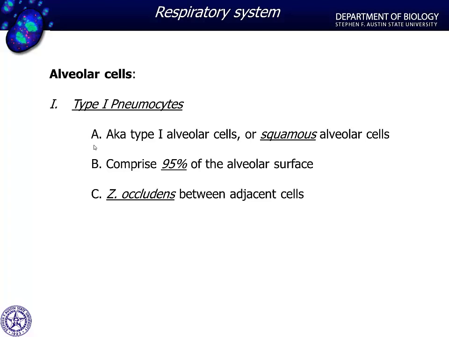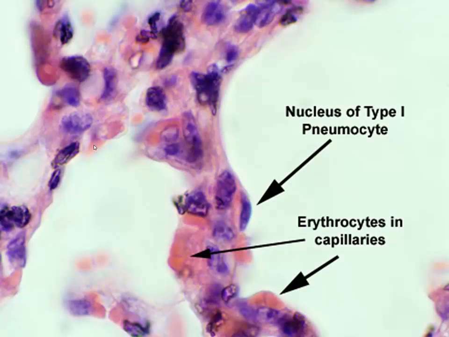These are going to be simple squamous epithelial cells, and they're going to comprise 95% of the surface area of our alveoli. Now, they will have zonula occludens situated between them, and so these tight junctions are going to resemble continuous capillaries that we're going to see on the opposite side of our air-gas barrier in our capillaries.